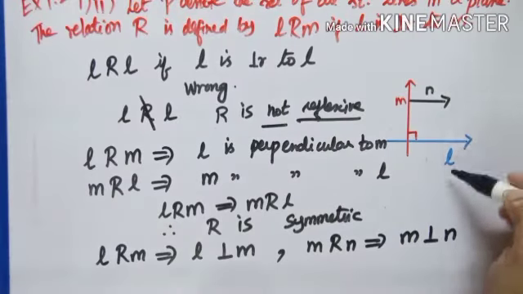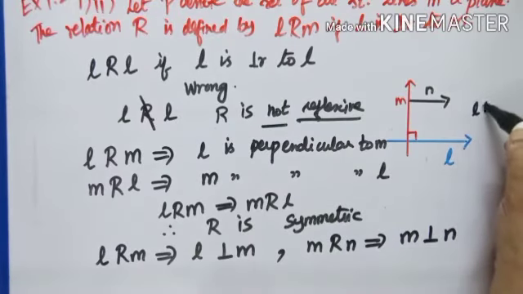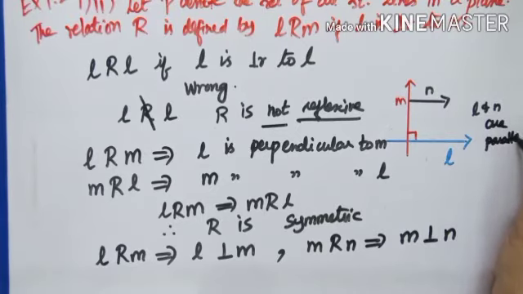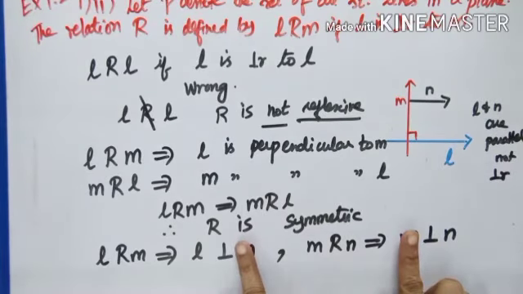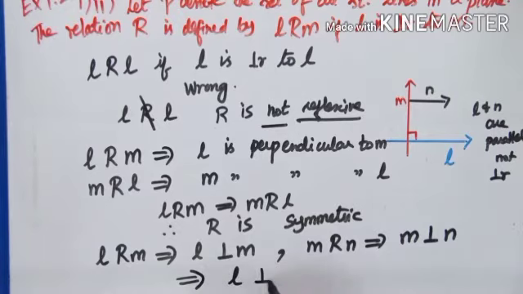Is L perpendicular to N? I will say L and N are parallel. They are not perpendicular. If I hide L, M and M, I want to show L is perpendicular to N. So we will say this implies L perpendicular to N is wrong.